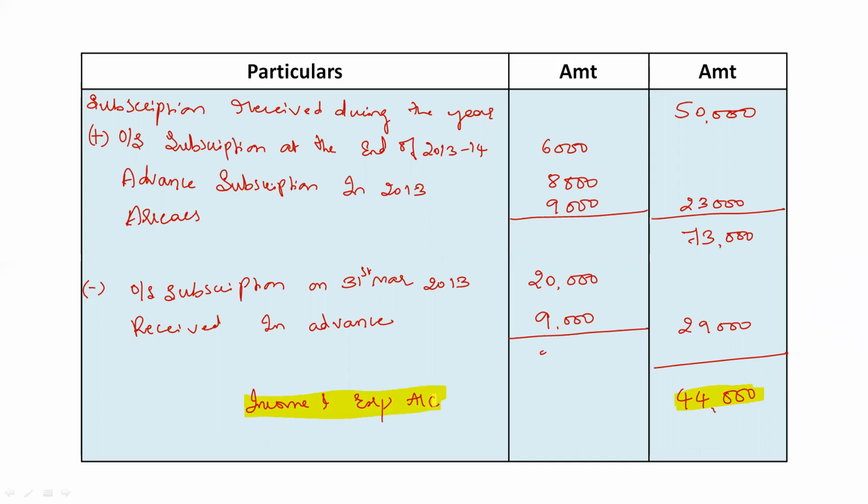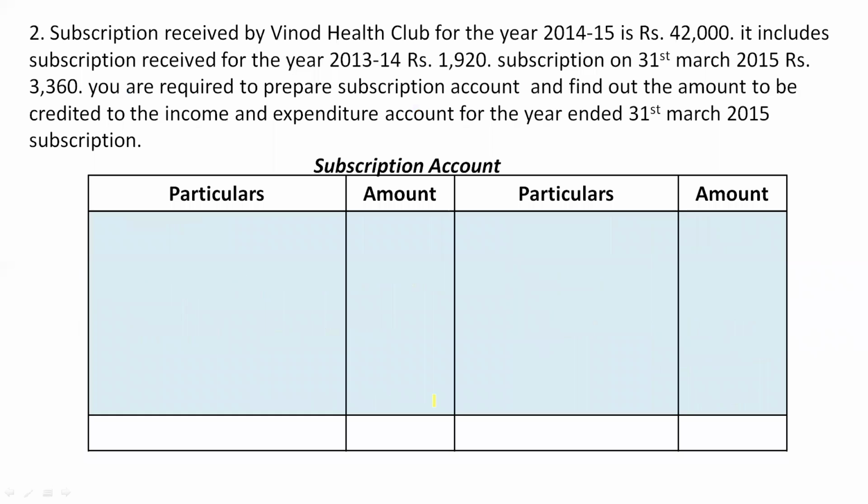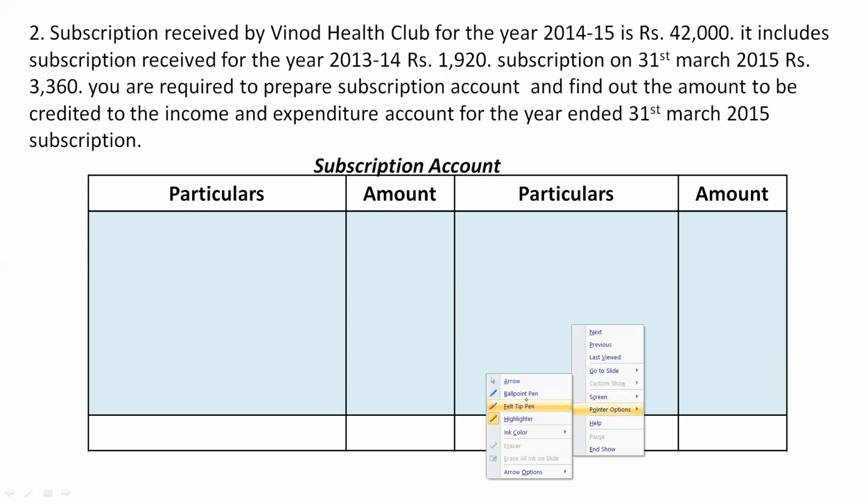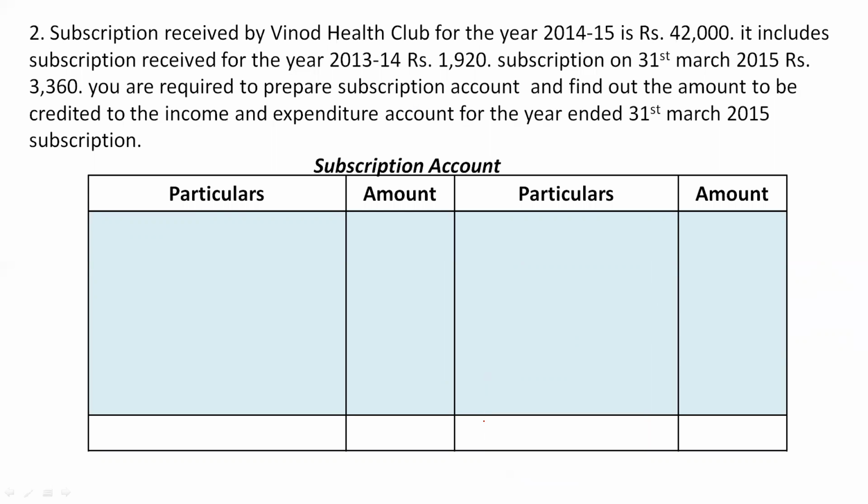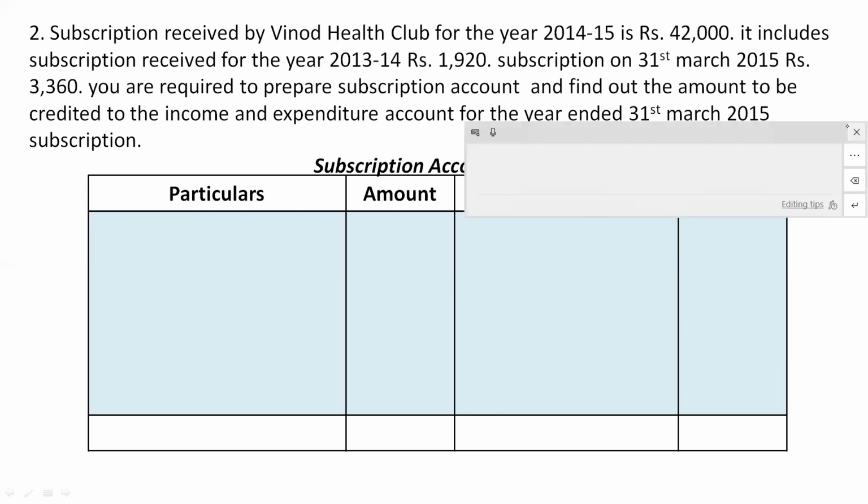Now we will prepare the subscription account. Everything that we need to remember is the same here, all the points are the same, we are just preparing it in account format. Now let's see what the question is. Subscription received by Vinod Health Club for the year 2014-15 is rupees 42,000.